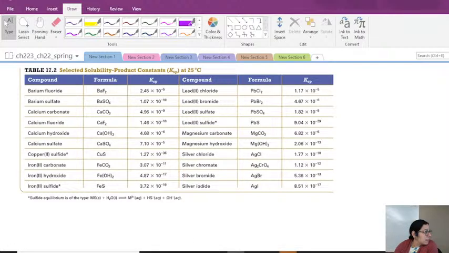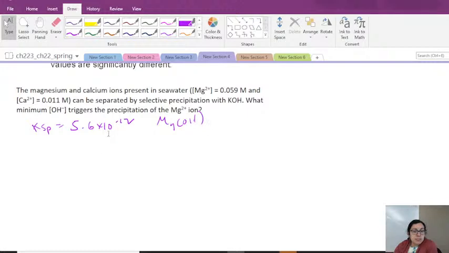That's funny. I'll just go with this value then. So 5.6 times 10 to the negative 12 for magnesium hydroxide. All right, so then how do we set up our problem?